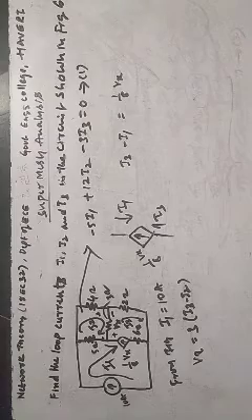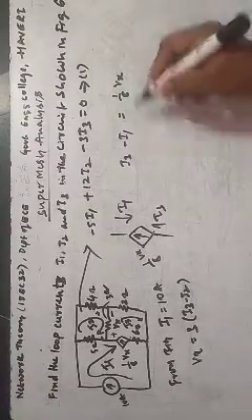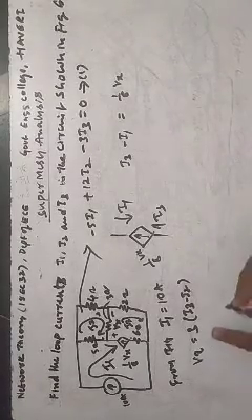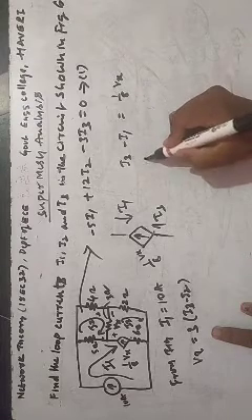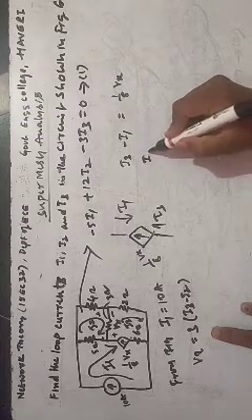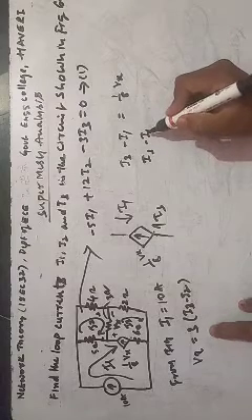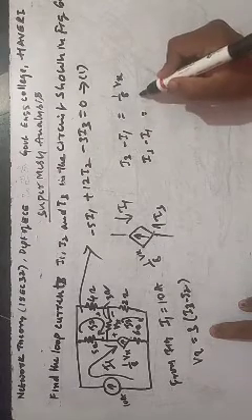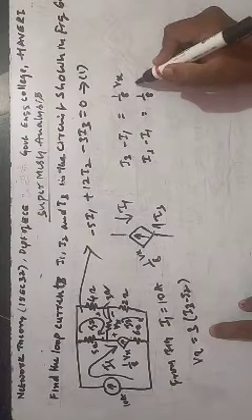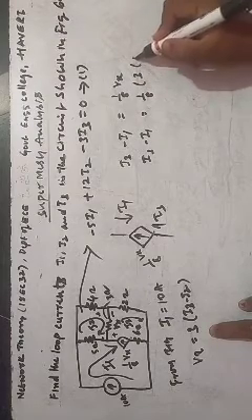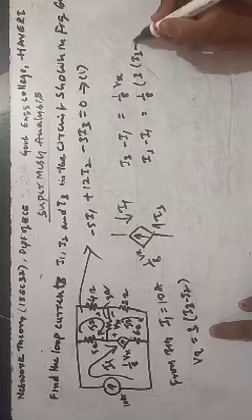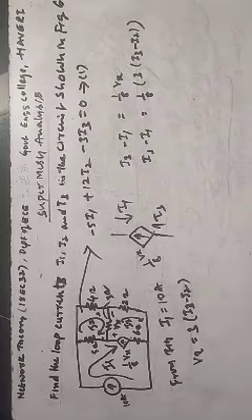What is Vx? Just now we have written that Vx is 3 times I3 minus I2. Substituting that in place of Vx, it becomes 1 by 8 into 3 into I3 minus I2.